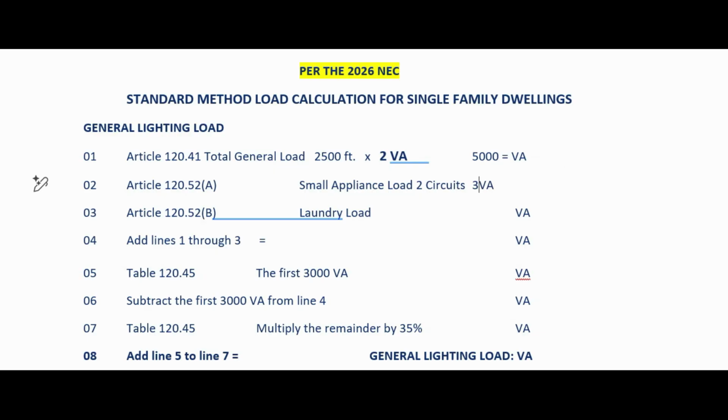That's going to be 3000 VA. And our laundry load, of course, according to 120.52B, that's going to be 1500 VA. Now we add all those together, 5,000 plus 3,000 plus 1,500. That gives us a total of 9,500.